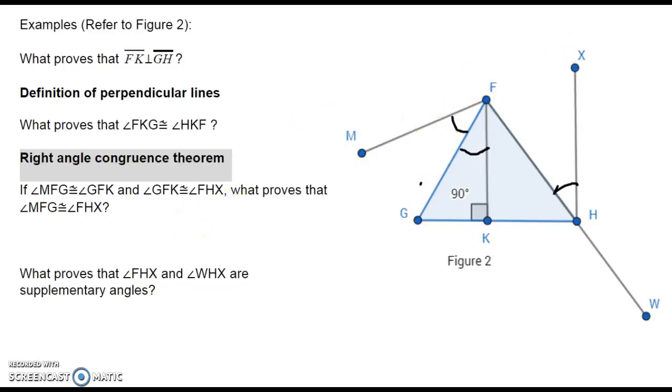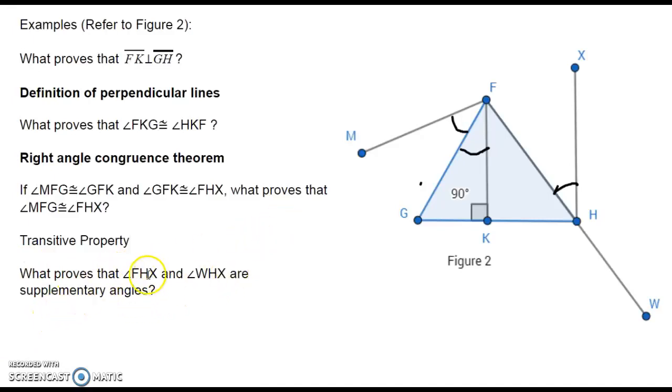Well, that's simply going to be our transitive property. Okay, if A is congruent to B and B is congruent to C, then A is congruent to C. There you go.